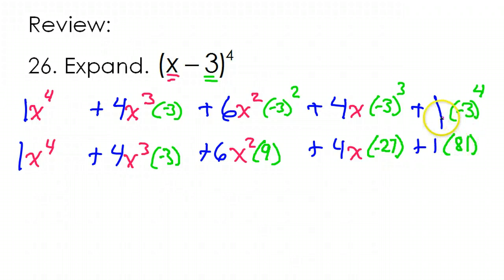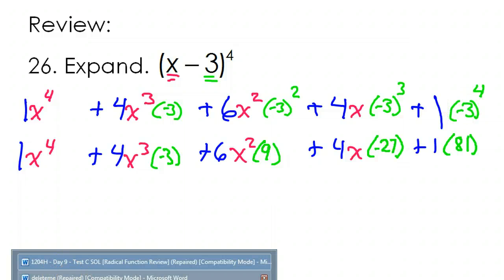So notice a couple things. If you have a negative number and you raise it to an even power, like 2 or 4, it becomes positive. If you raise a negative number to an odd power, a negative number will stay negative. Also, if you don't know these values in your head, like 3 to the third power, 3 to the fourth power, that's okay.